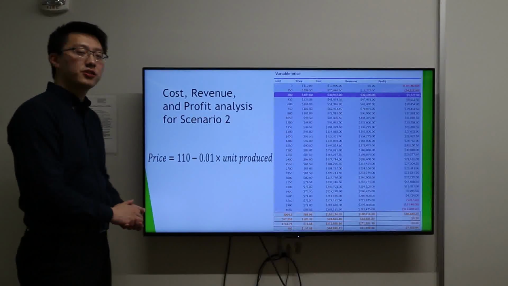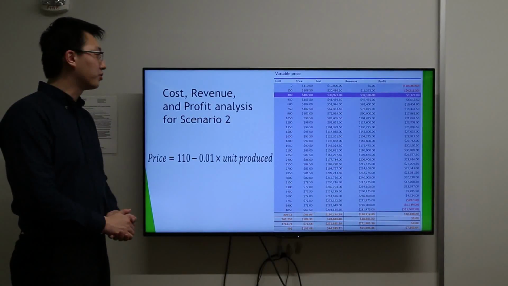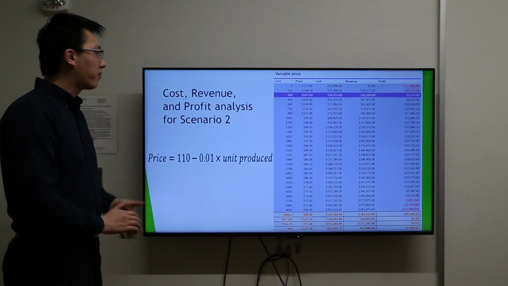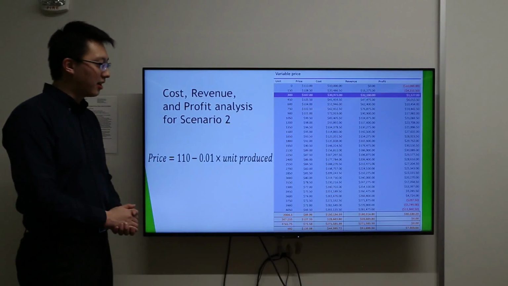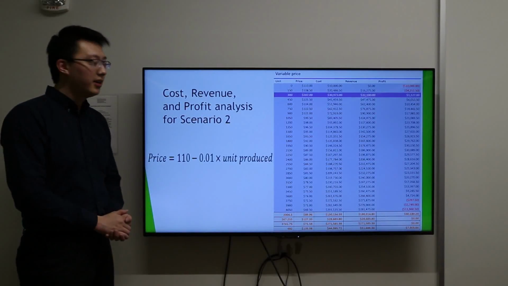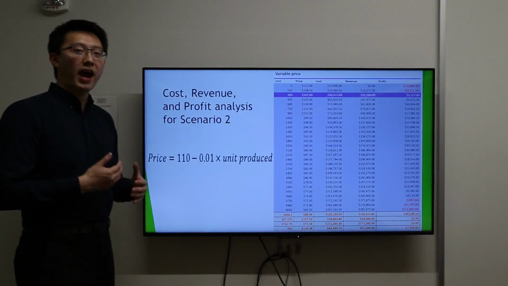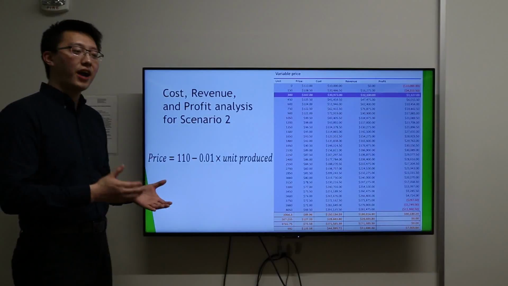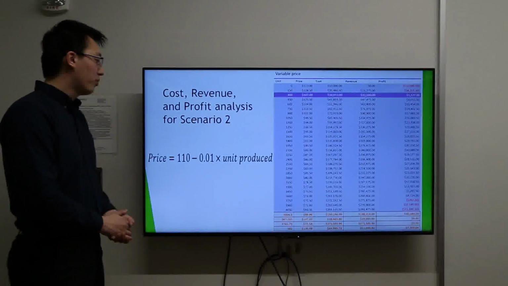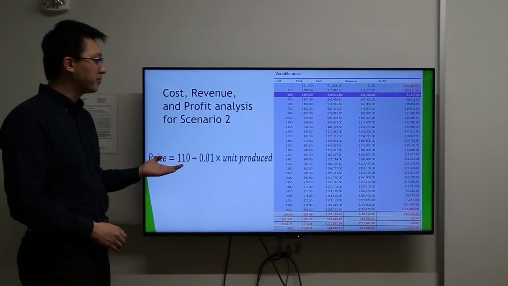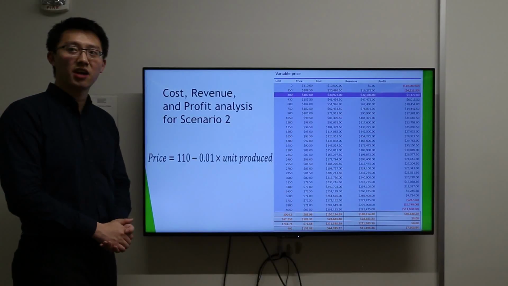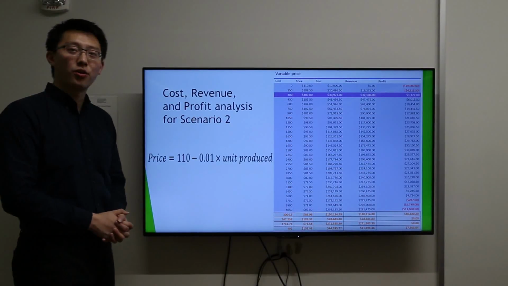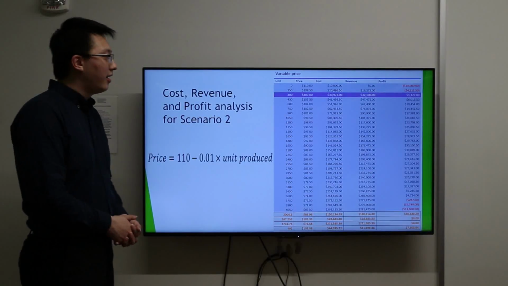This page is about scenario 2, using a variable price. We're analyzing our profit, revenue, and cost based on this pricing formula. Because we don't want our price to be way higher than people can actually afford, we set our maximum price at $110, which is reasonable compared with the previous really competitive product.